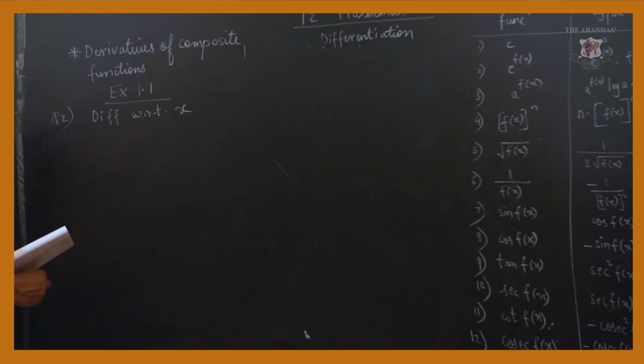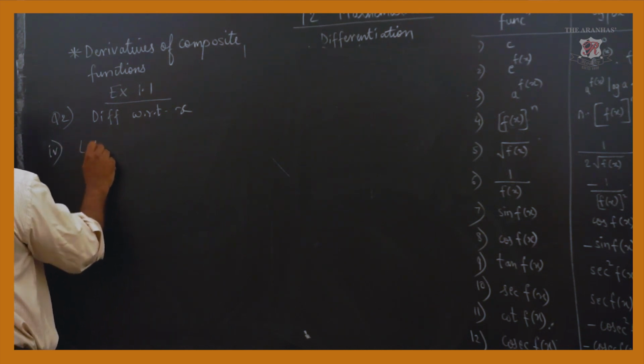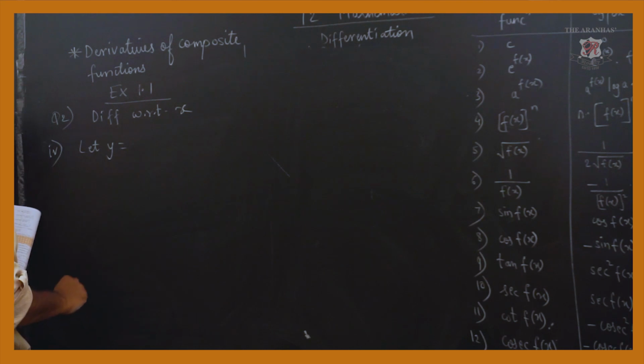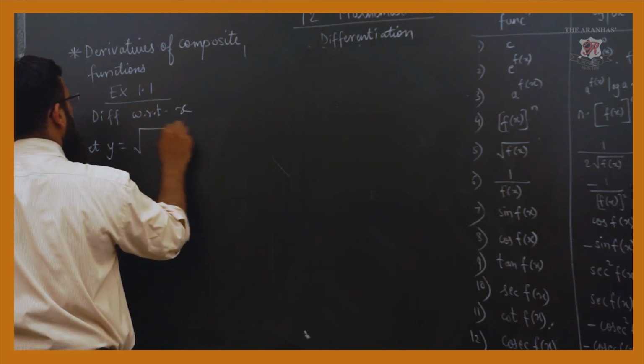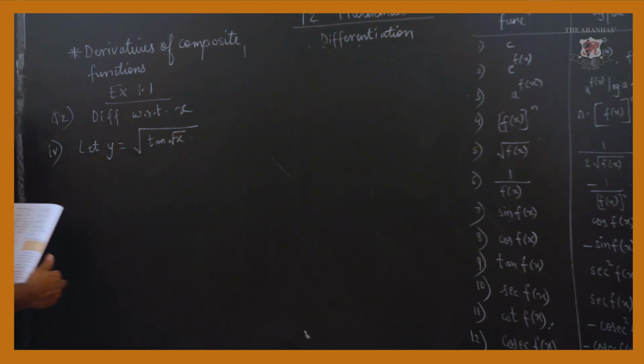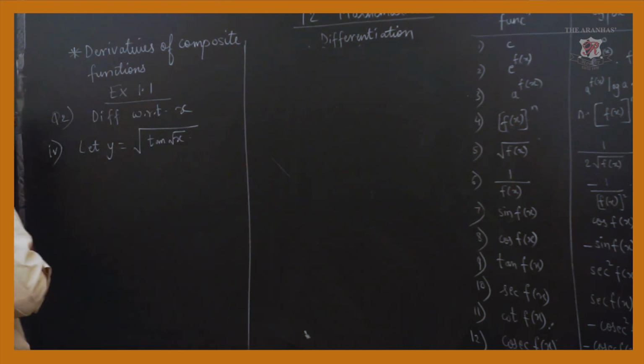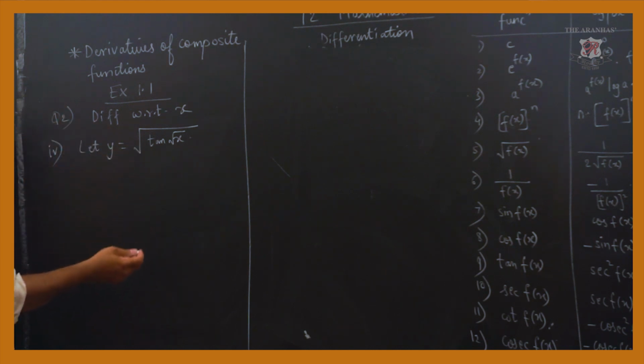There is a very interesting question. First I will assume that y equals root of tan root of x. Tell me if I can handle this problem by both the methods, by taking it in the u form or directly solving it by using the listed formula of composite functions.